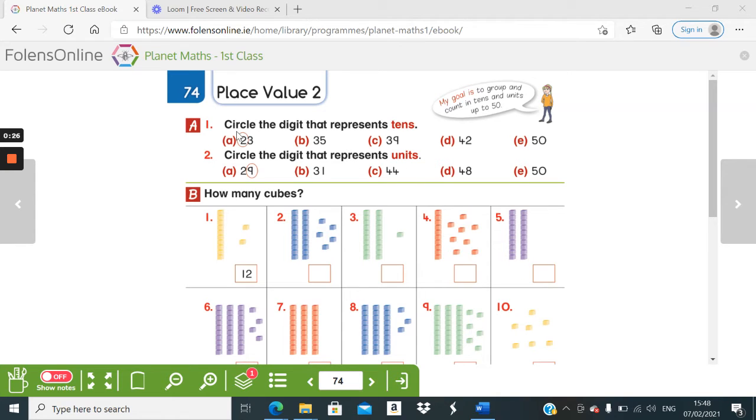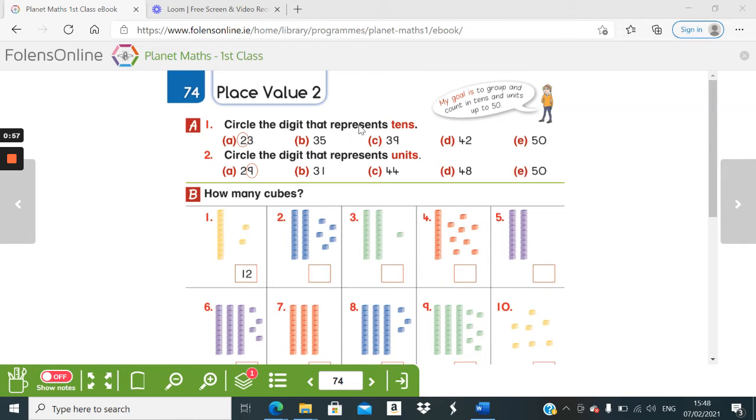Part A, circle the digit that represents tens. We've been looking at tens and units, and if you remember yesterday, when we write a multi-digit number, that means a number with more than one digit in it, we should always write the digit of the highest value, which is the one that's furthest to the left.